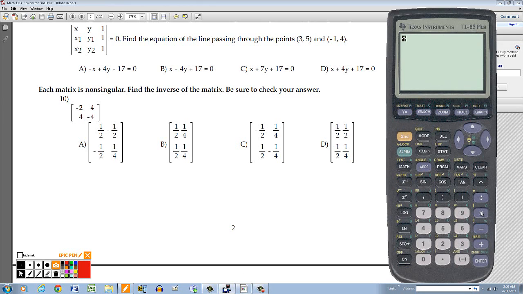Kind of like what I did a while ago with determinants, even though here it's matrices, here's what I'm going to do. I'm going to write the matrix out on the main screen here. Negative 2, comma, 4, and then close brackets, and then start with another bracket and enter the next row. 4, comma, negative 4.